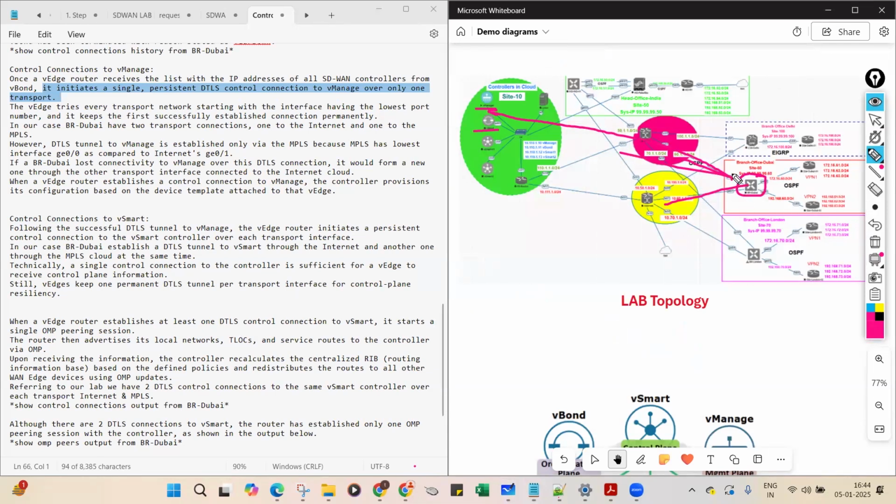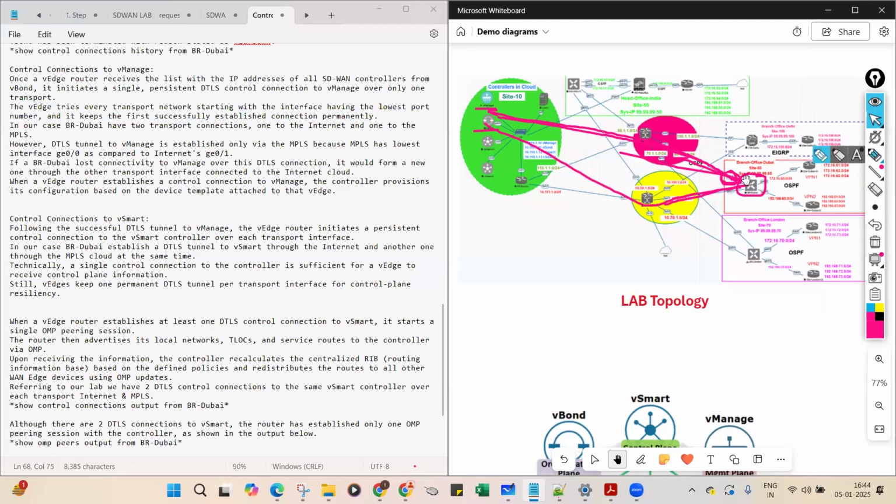And whatever interface has the lowest number, it will try to form with that interface first. And if that is unsuccessful, it will try to form with the other interface. The vEdge tries every transport network starting with the interface having the lowest port number, and it keeps the first successfully established connection permanently.